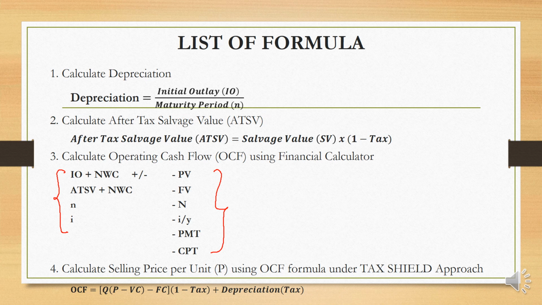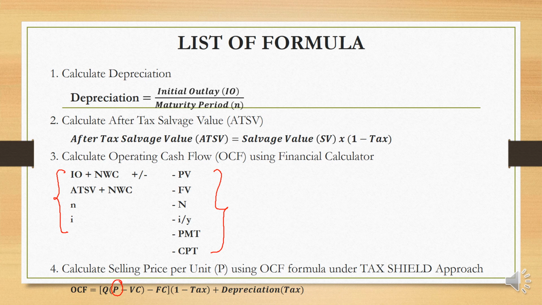And the last formula is on how to calculate selling price per unit, which is P, using the OCF formula and the tax shield approach. Based on the formula of OCF and the tax shield approach, you will calculate the value of P, which represents the minimum value of selling price per unit.